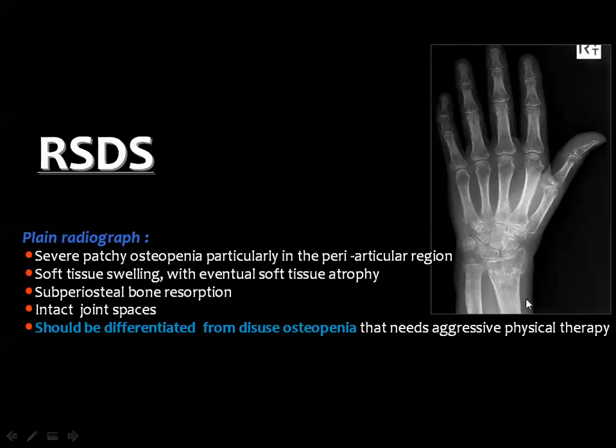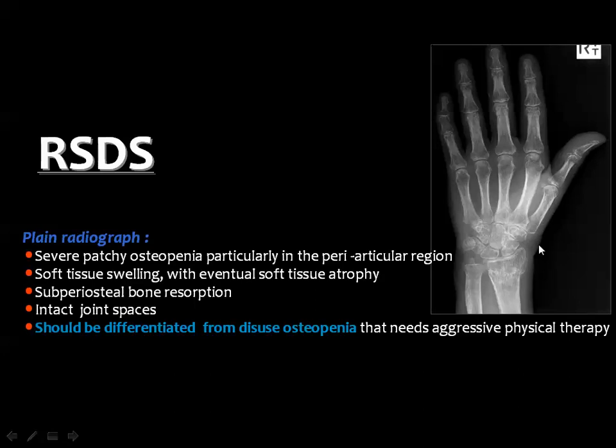underlying etiology if you look carefully here and you see a fracture in the distal part of the radius. Together with osteopenia, there is soft tissue swelling, as you see in the photograph, and after that you get soft tissue atrophy. Subperiosteal bone resorption may occur and the joint spaces are not affected.